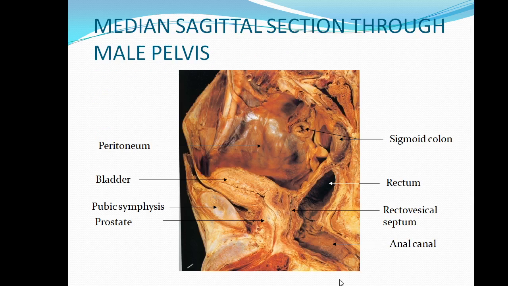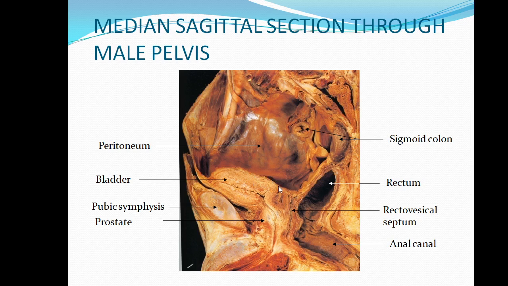This dissection shows the urinary bladder; this is the apex, here is the base. Anteriorly, here you can see the pubic symphysis, and posteriorly the base of the bladder is related to the rectum.